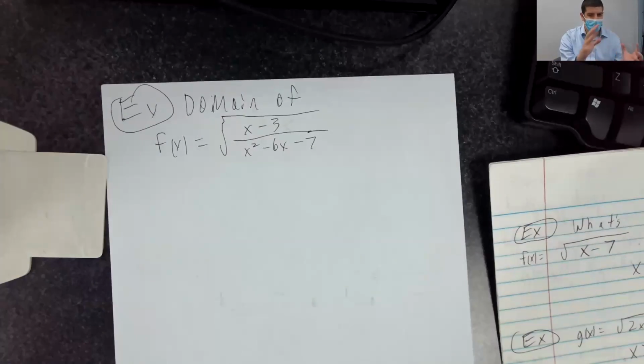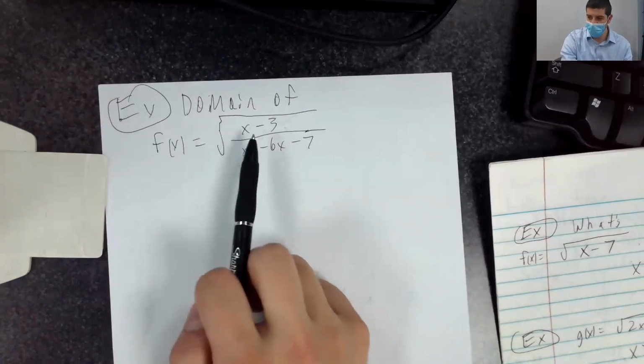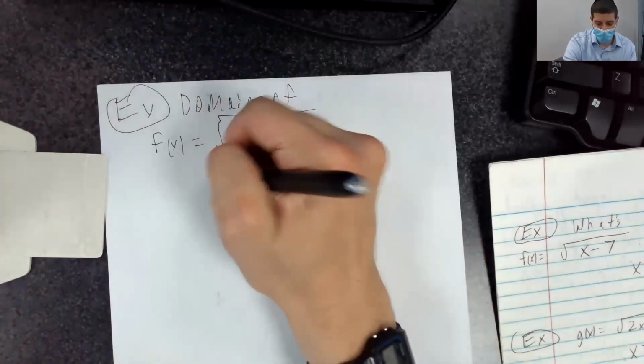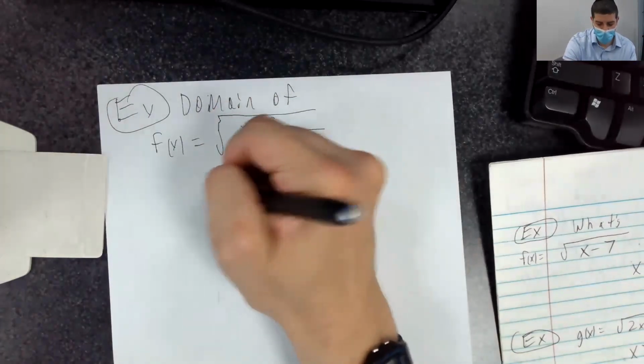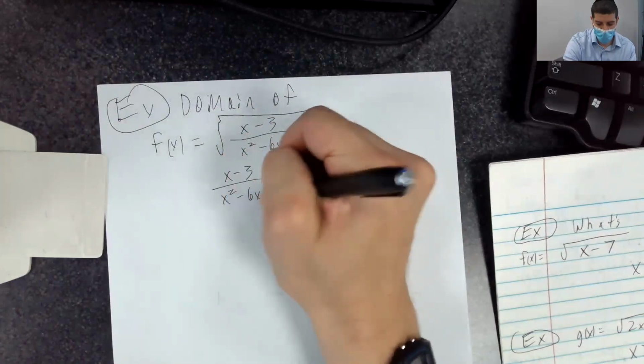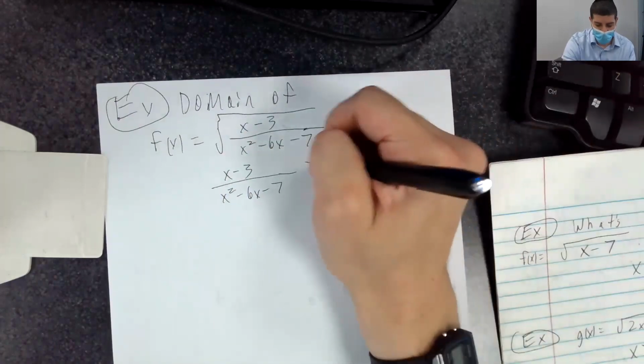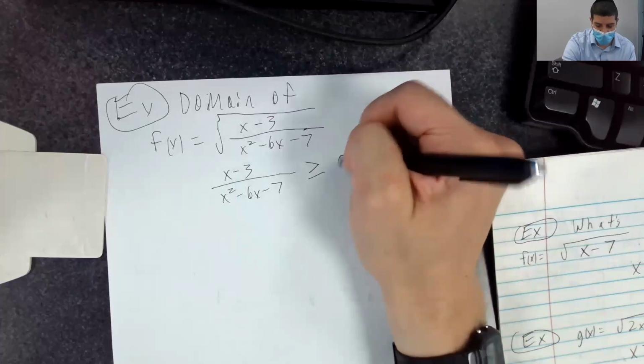I take everything inside of the radical. I can't take radicals of negative numbers. I grab whatever I see in the radical, no matter how complicated it is. And what do I set it? Greater than or equal to 0. Right? I can't have radicals of negatives. So anything inside the radical has to be greater than or equal to 0.